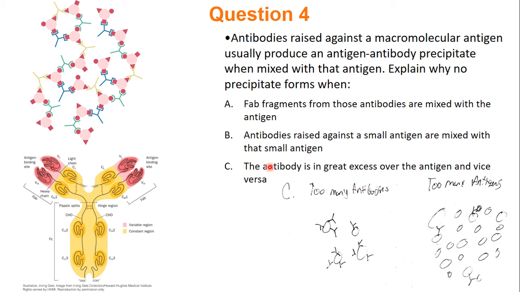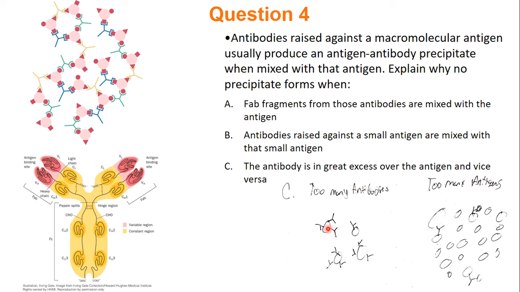Lastly, if your antibody is in great excess over your antigen or vice versa, we won't see this. And it's easier for me to explain with pictures. So if we have too many antibodies, we're not going to get the scenario where one antibody binds two antigens like we have in this picture. Here we're just flooded with antibodies.